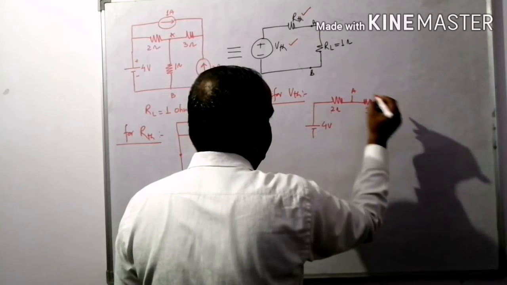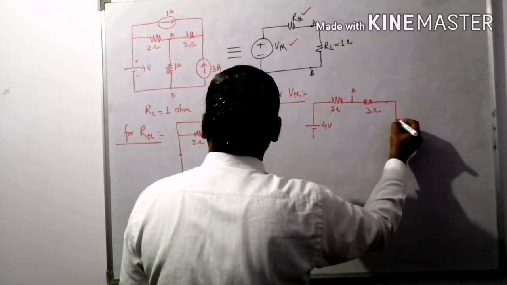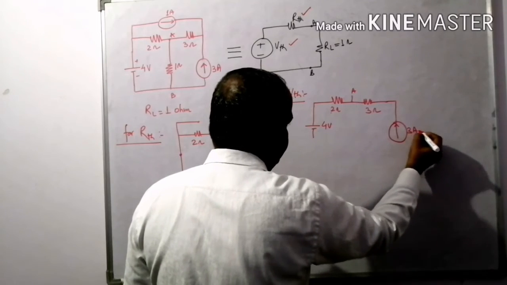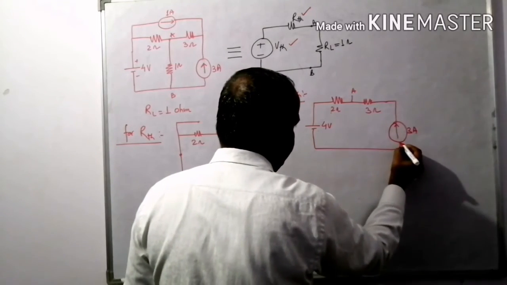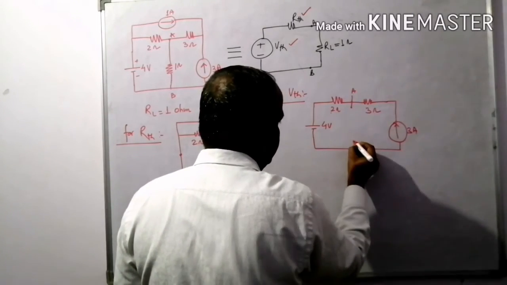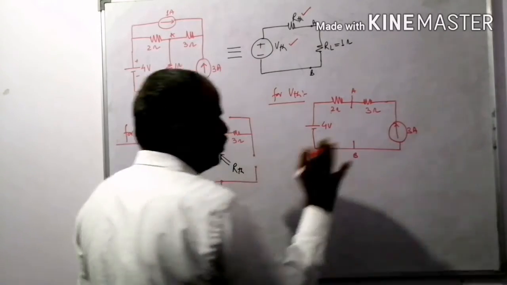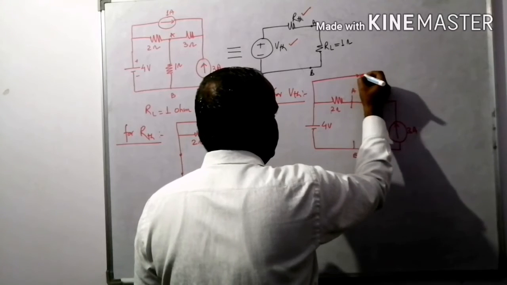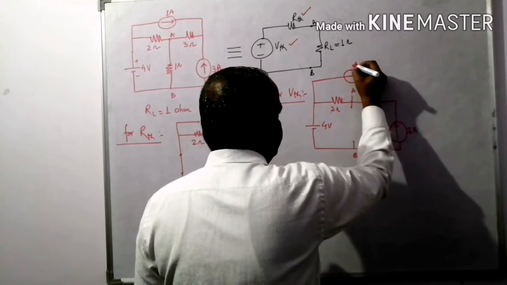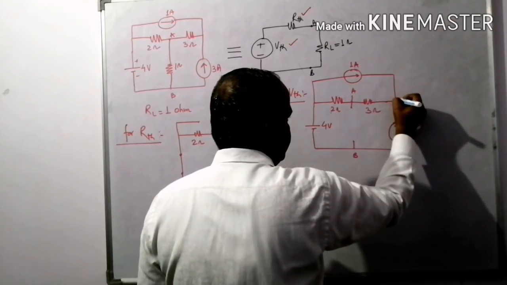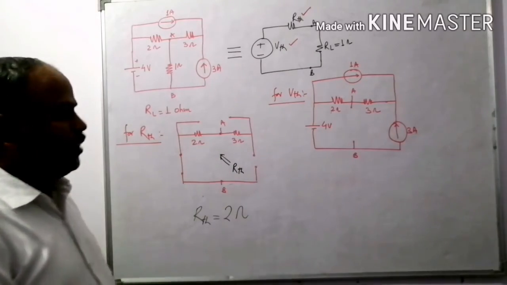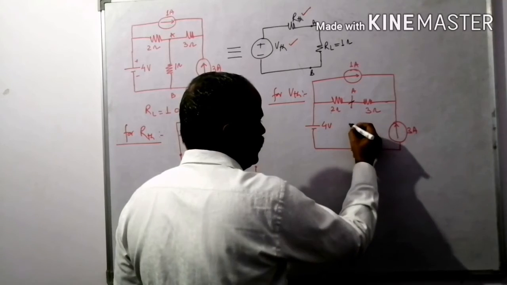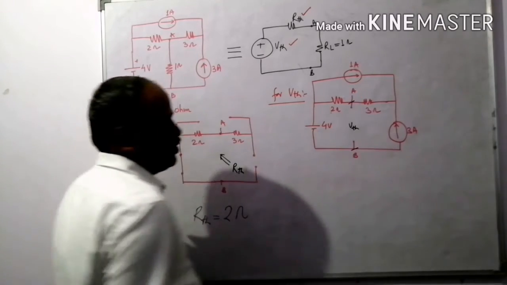This is the point A. Here the current source having the value of 3 ampere and the load is removed. Load is removed, right? And the 1 ampere current source is here. Now, what about the voltage across point A and B? This one is VTH.